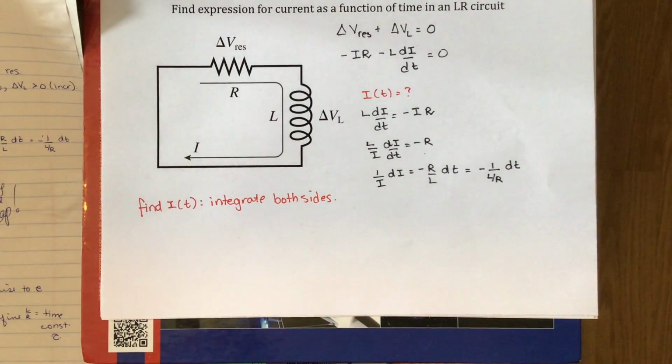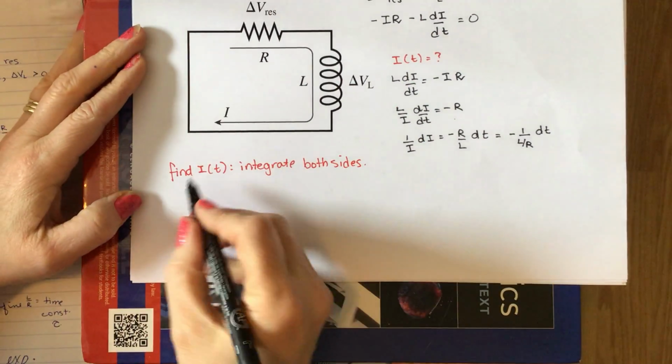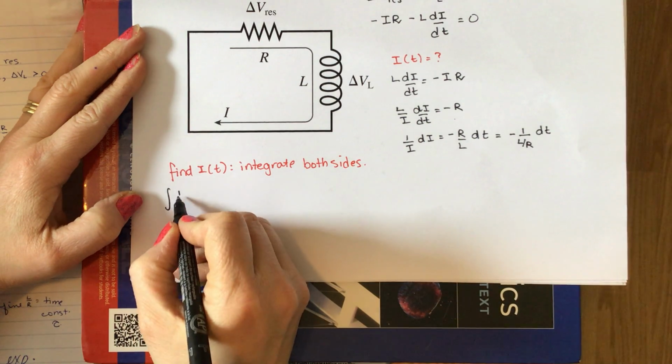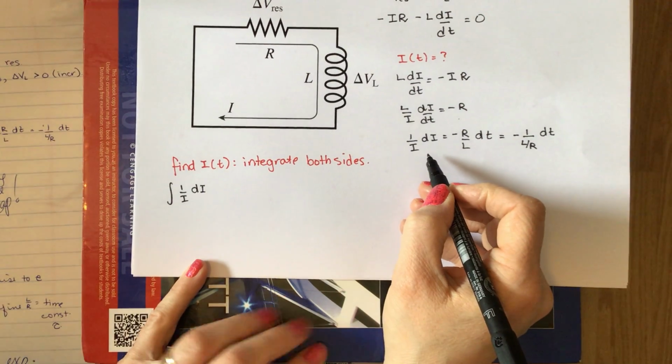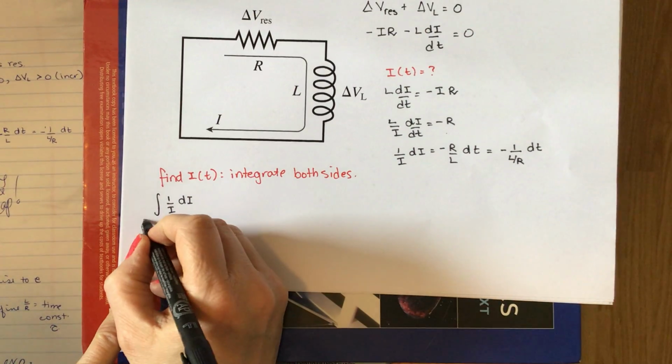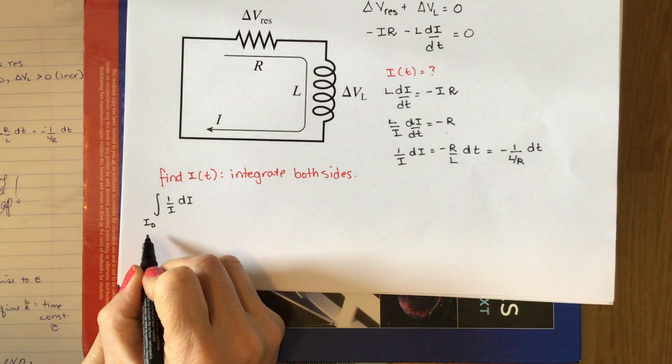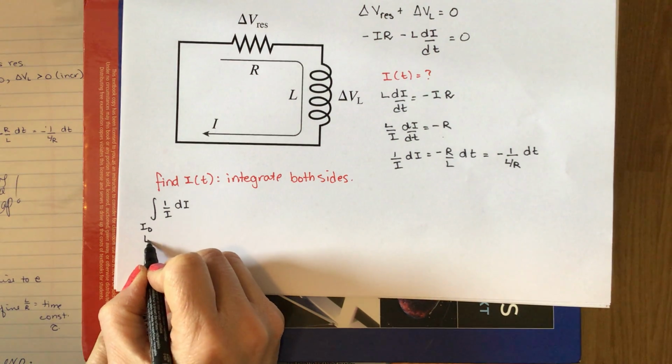So on the left-hand side, we're doing an integral over current. So the integral of 1 over I dI. What are the limits of our integral? Well, it starts with a current that we can call I0. This is our current at t equals 0.